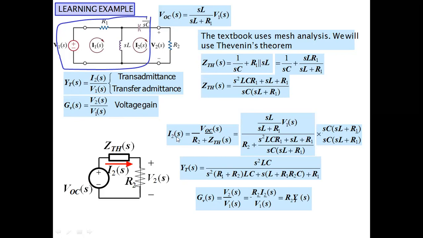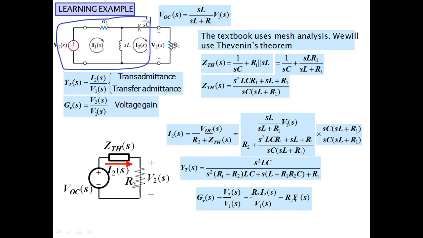How can we calculate it? We have the open circuit voltage for the output circuit. If you solve the equations for VOC, you will get that value, and you can then use Ohm's law to get the value of I2 flowing through R2. According to Ohm's law, it is V upon R, where R is the Thevenin resistance RTH plus R2.